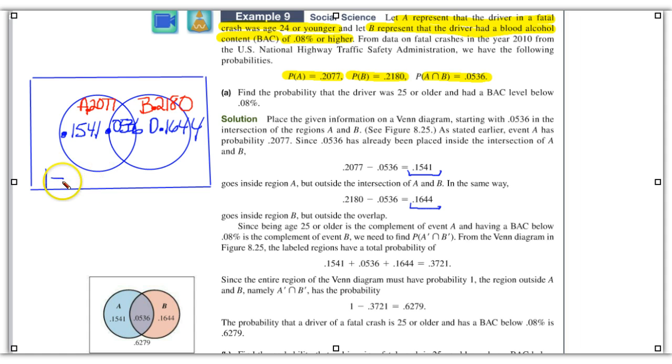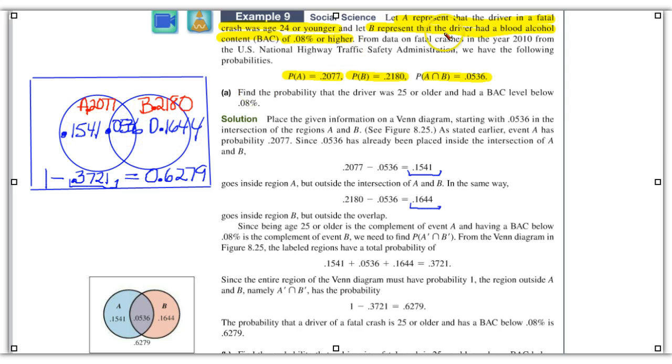And when we add these up together, so you can see the mechanics of it, this will equal 0.6279. Okay, so this is the information that we've put on a Venn diagram to figure out our intersection.